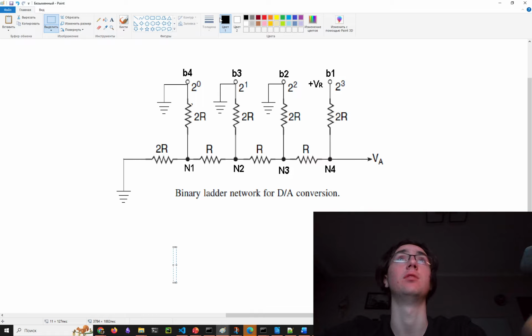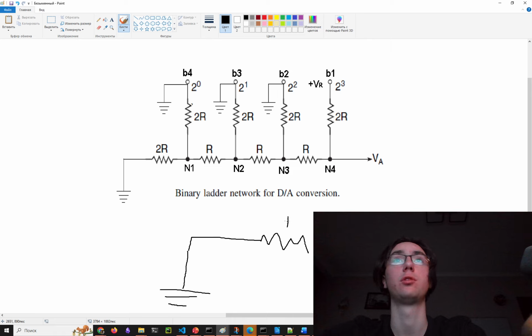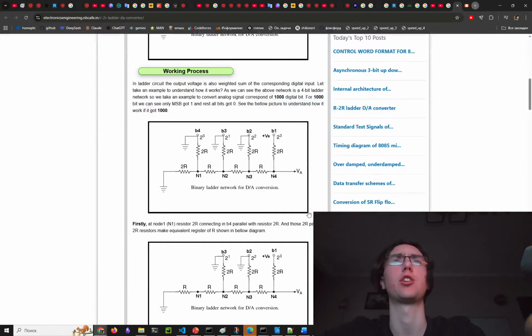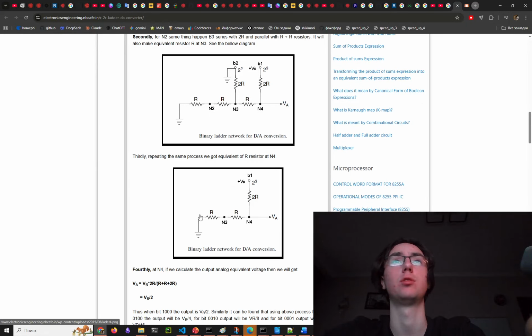So we get the ground here, and then we go and get the R value to the N3, I guess. Yep, so we get the R here. No, actually one R. I guess there should remain like one resistor.